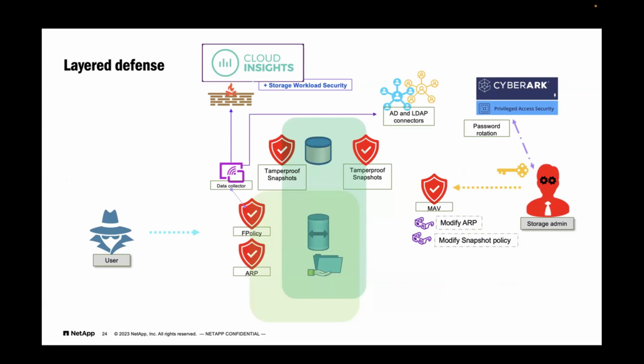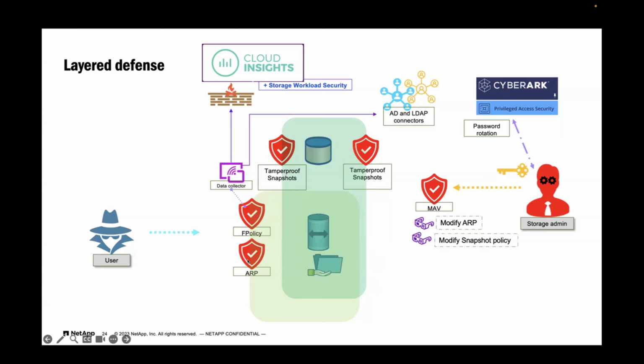All right. So coming back to the graphic we shared earlier, now that we've talked about ARP, MAV, tamper-proof snapshots, and cloud workload security, how it protects when there's an attack from the application or user or from the storage admin itself, right?